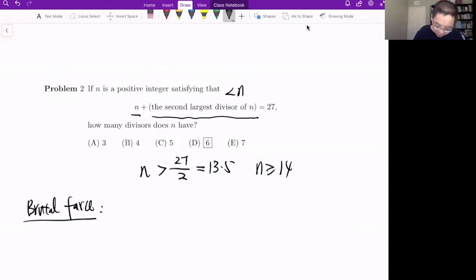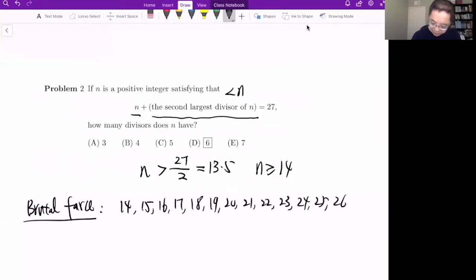So let's list out all numbers: 14, 15, 16, 17, 18, 19, 20, 21, 22, 23, 24, 25, 26, 27. These are all the possible candidates for n.